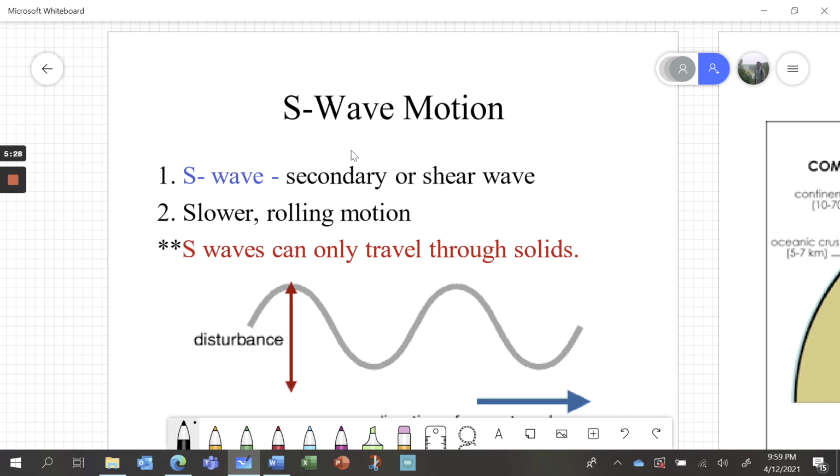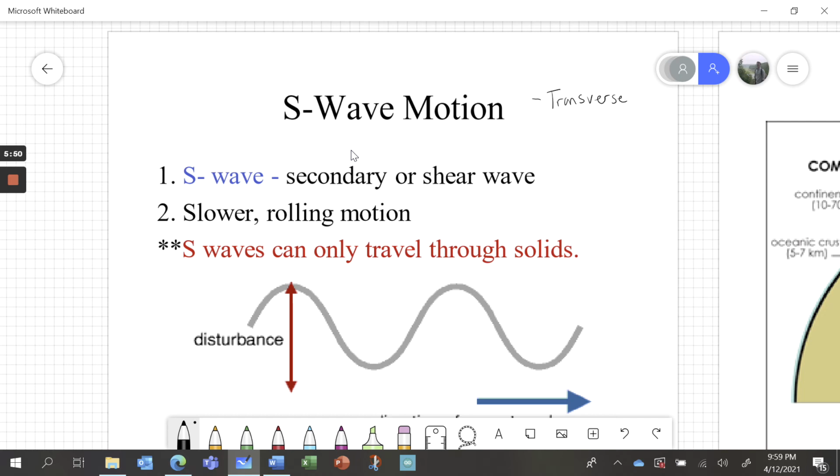If you think about which type of wave travels back and forth, that would be transverse. So S waves are transverse waves. They go up and down. It causes the earth to oscillate. These can only travel through solids.